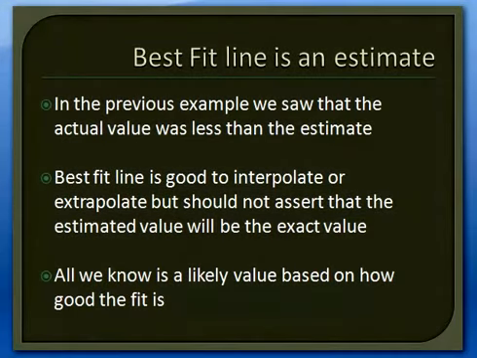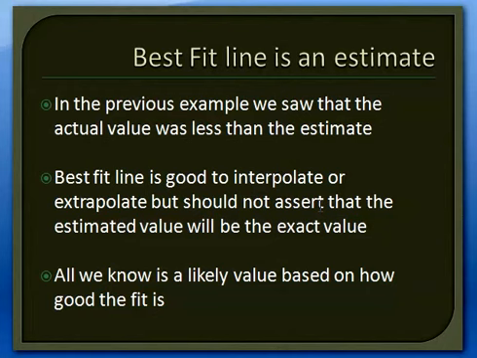To highlight this concept, in the previous example we saw that the actual value was less than the estimate. The best fit line is good to interpolate or extrapolate. Interpolate means within the range of the data, some value you don't know, you're trying to guess. And also extrapolation, but you need to be careful when you extrapolate.